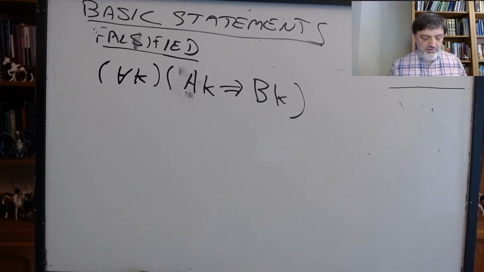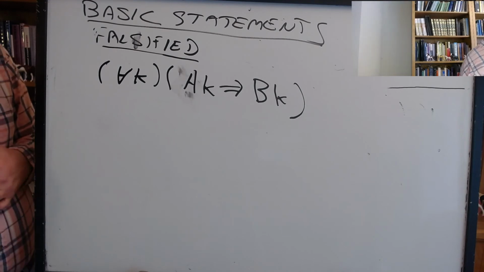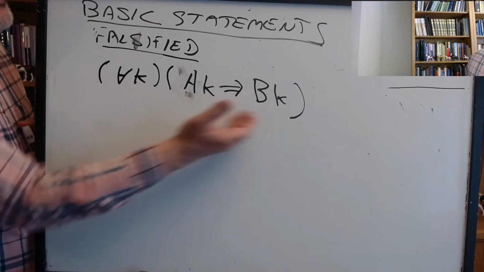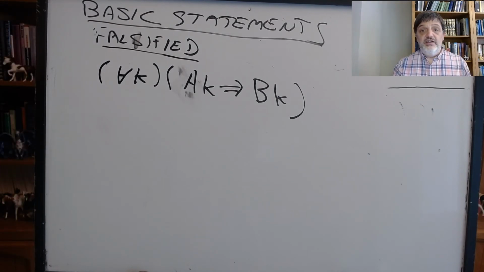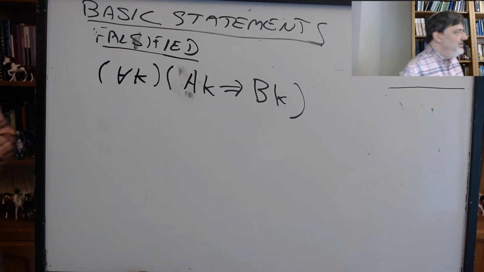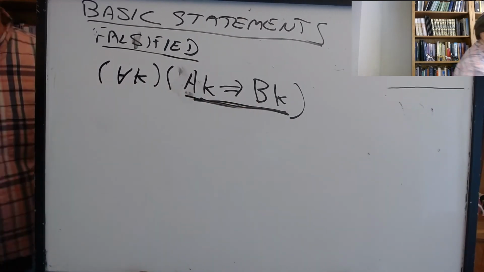Now, what that means is that we're understanding these predicates as being things that could be true or false for any k. Or I guess maybe to put it better, we're understanding this as something that could be true or false at any k.